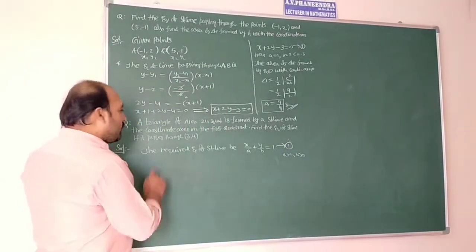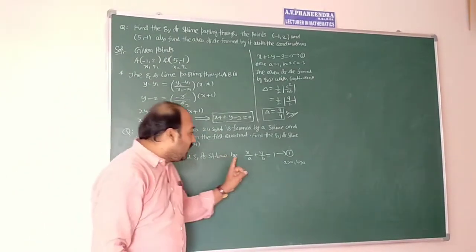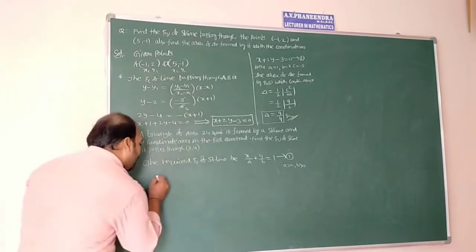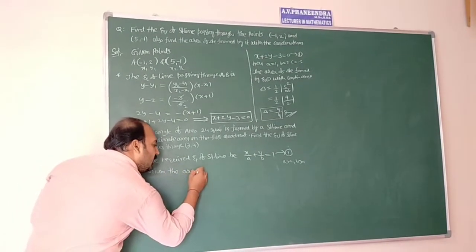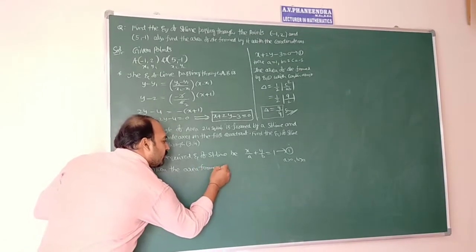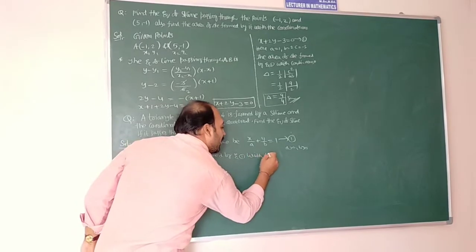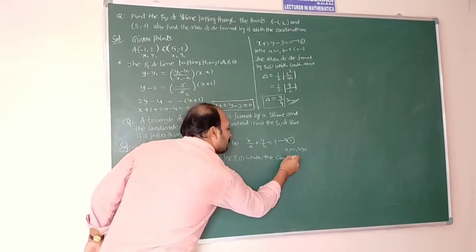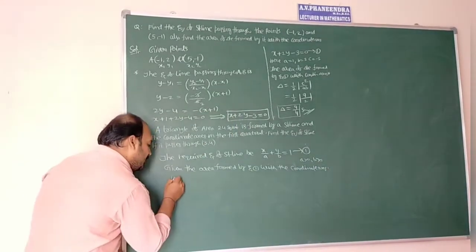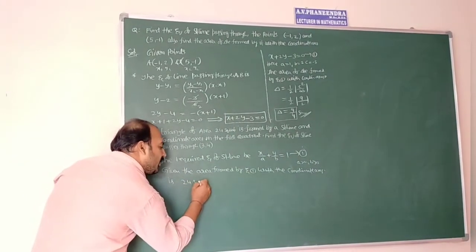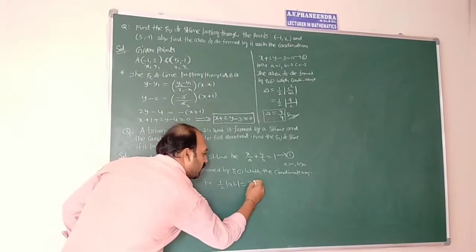And one more condition is given, a triangle of area 24. We know that the area of the triangle formed by equation 1 with the coordinate axes is 24 square units, that is half mod ab is equal to 24.